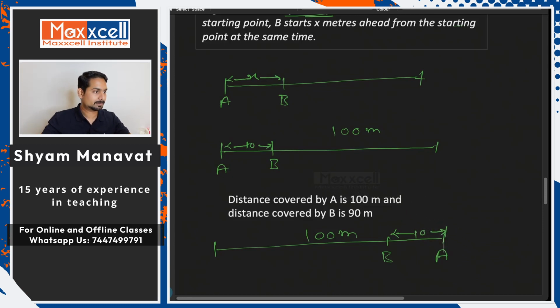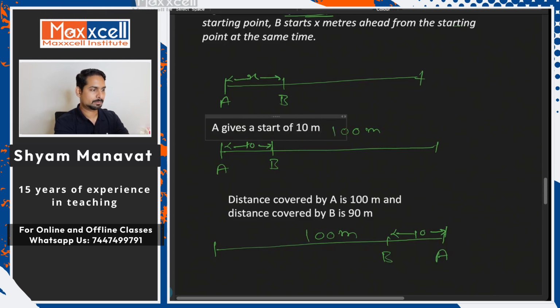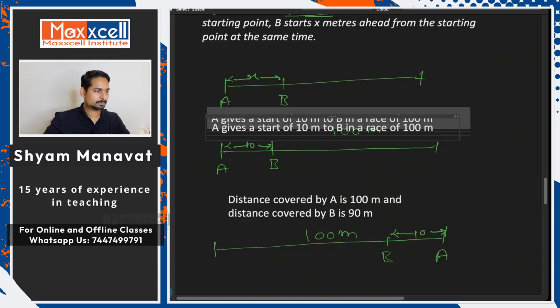What is the first case? You want me to note it down? The first case is A gives a start of 10 meters to B in a race of 100 meters. Then this is how the diagram will look.